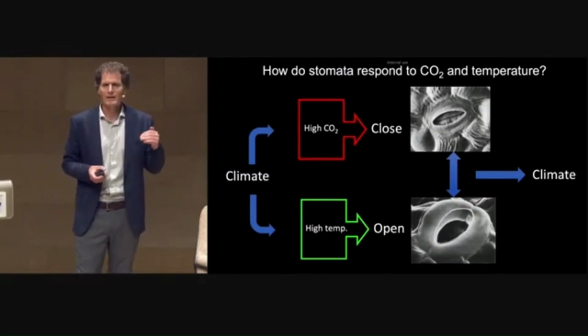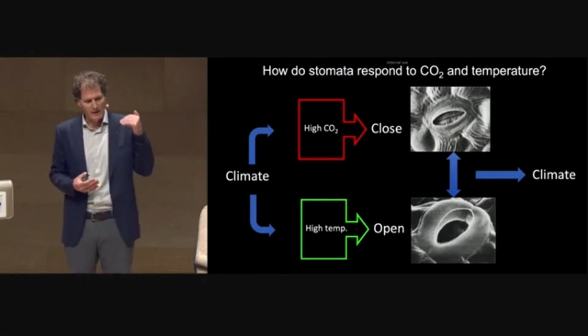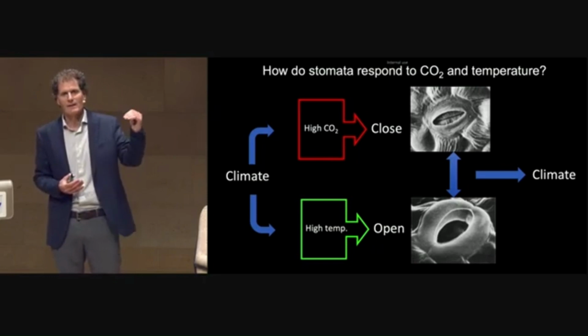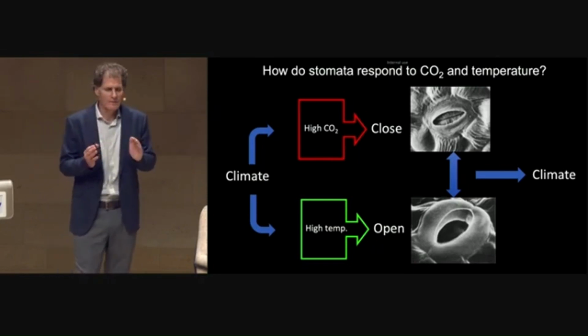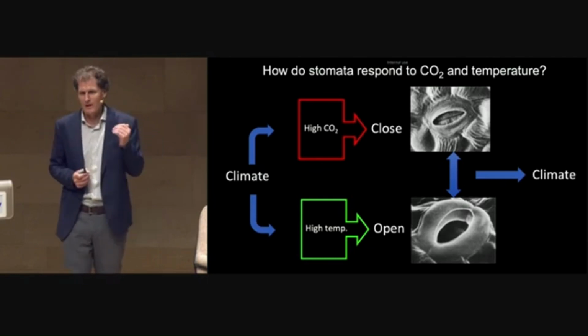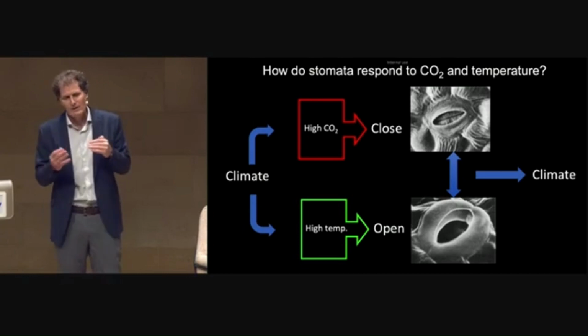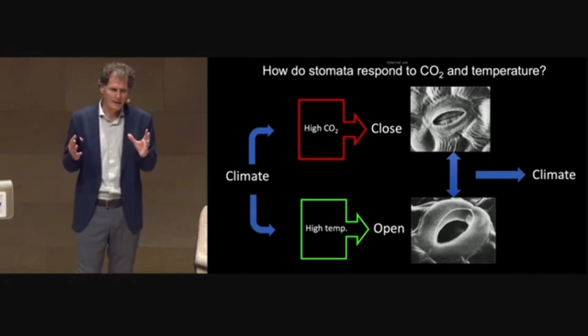We know basically from observation, and fundamental research begins with observation, that if the CO2 is elevated, stomates tend to close to be more efficient at using water. They don't have to be open as far to get as much carbon if the CO2 is higher. And at elevated temperature, they tend to open because it's advantageous to cool themselves.